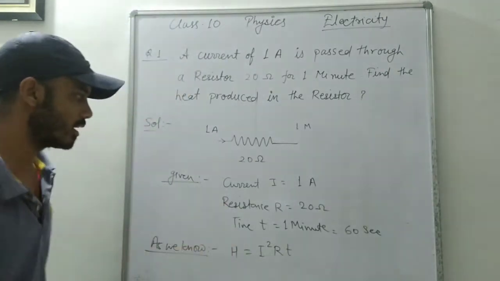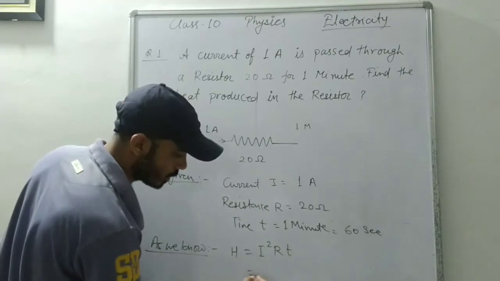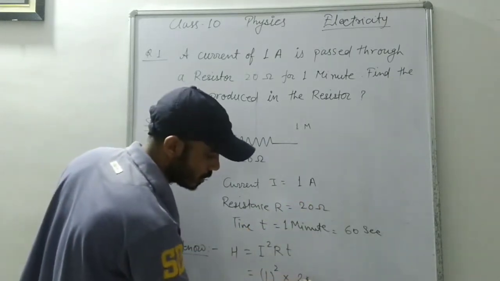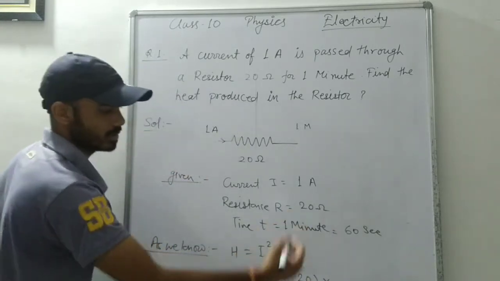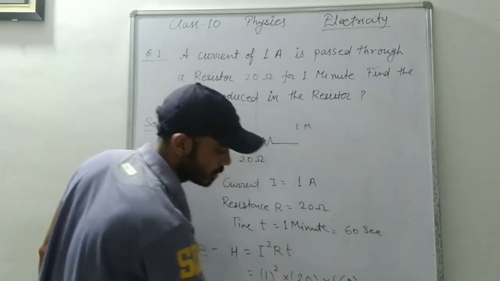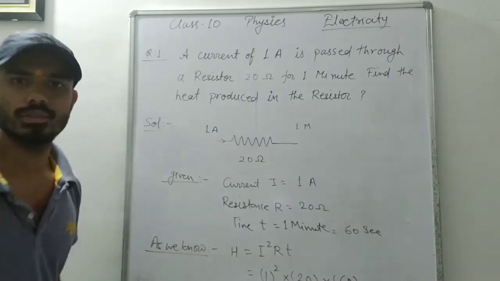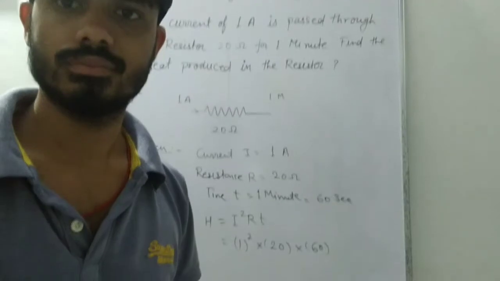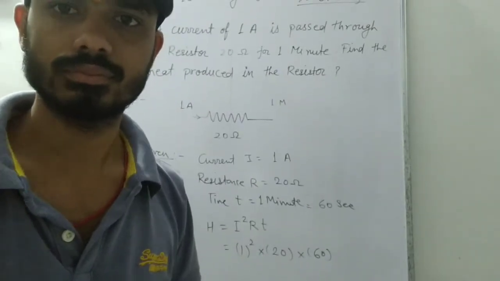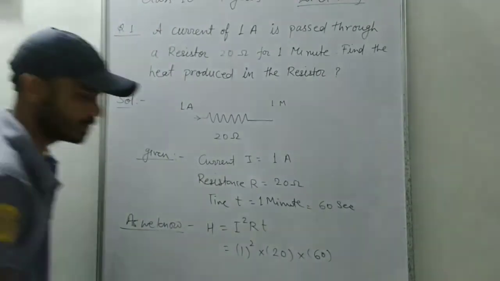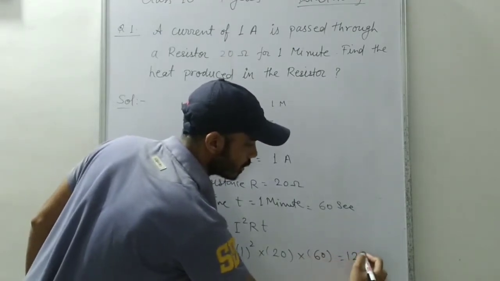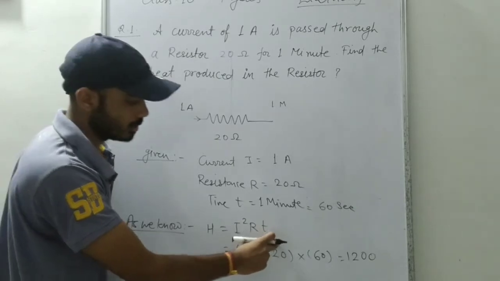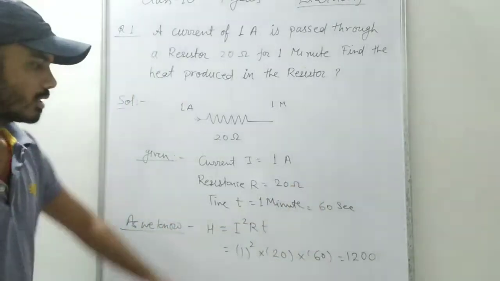So by putting in the values, current is 1, so I square multiplied by R is 20 ohm, and time is 60 seconds. By multiplying this we get 1200. 1 square is 1, multiplied by 20 is 20, and 20 multiplied by 60 is 1200.